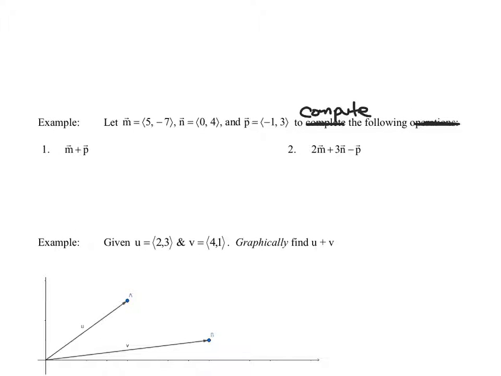All right, so m, 5, negative 7, plus negative 1, 3. So very simple. Add the corresponding parts. No need to memorize a rule.